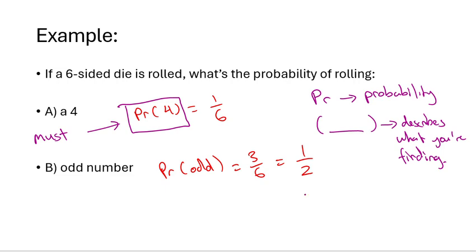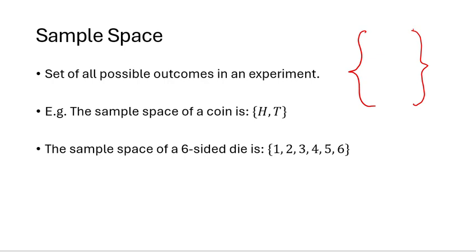Now, you must always simplify your fractions, okay? There are no excuses. I'm letting you know now, okay? Sample space. Sample space is the set of all possible outcomes.